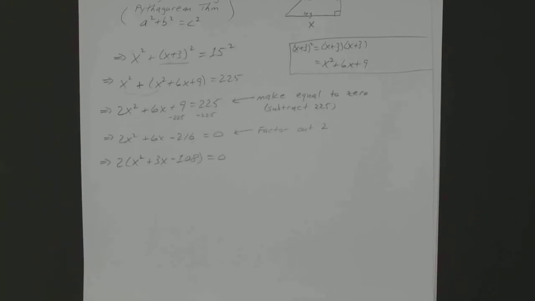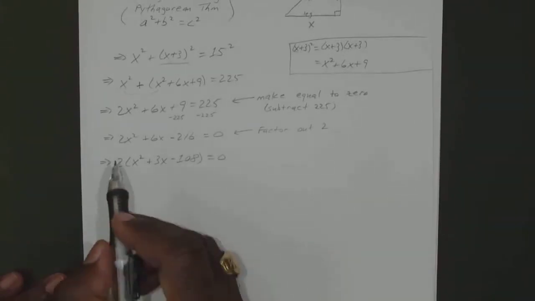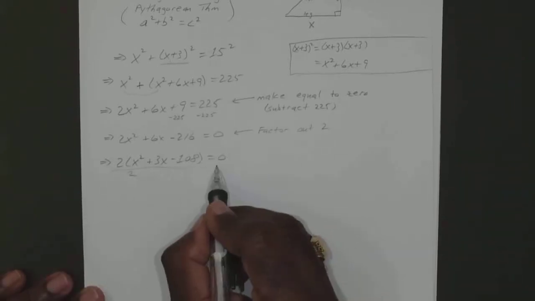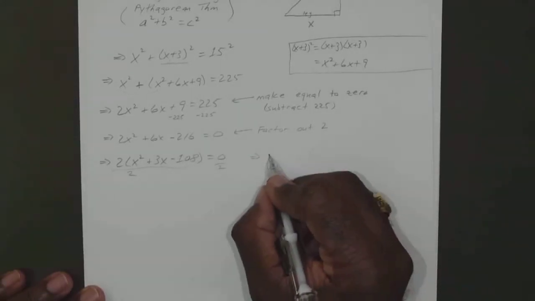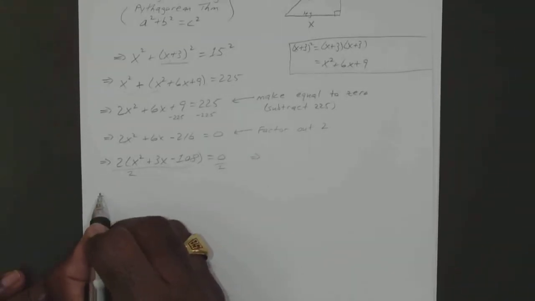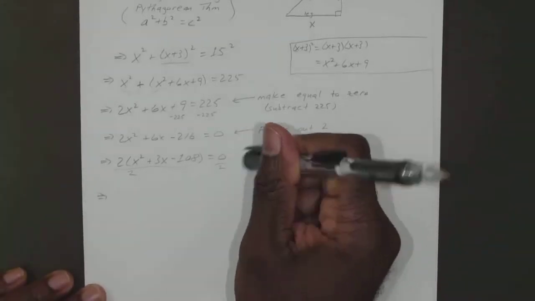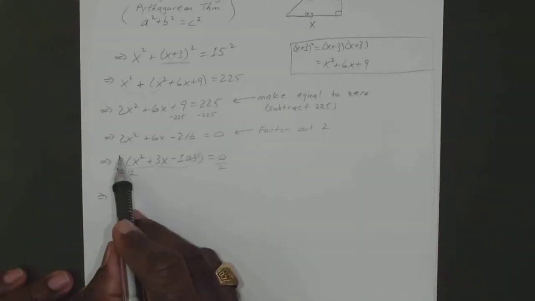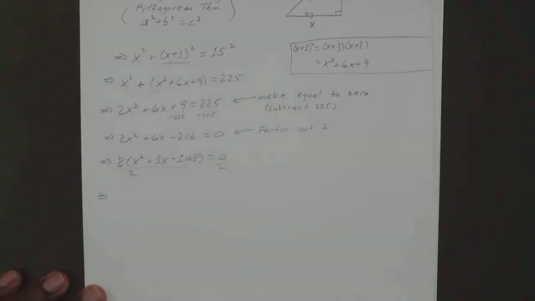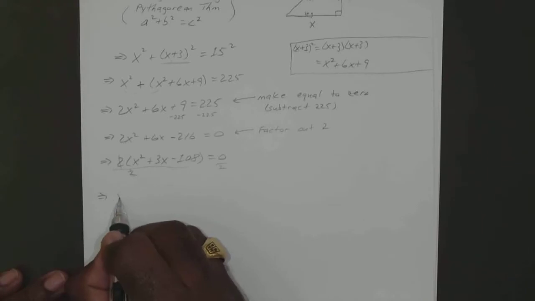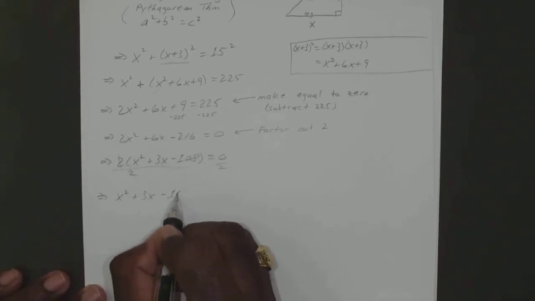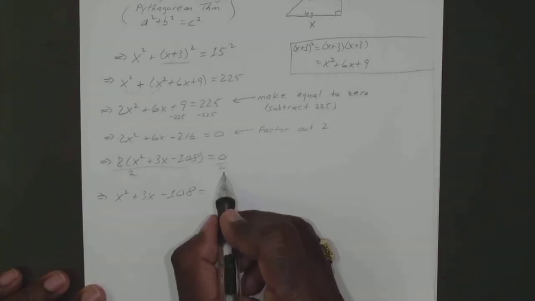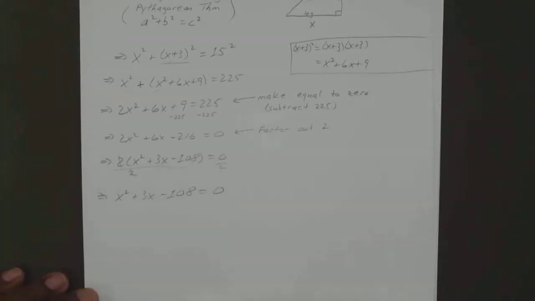And since we just factored out a 2 and not a 2x, we can just divide and get rid of the 2. So those two cancel each other out. So we have x squared plus 3x minus 108. 0 divided by anything is just going to be 0.